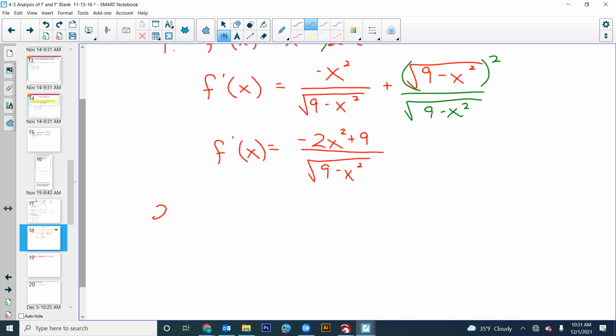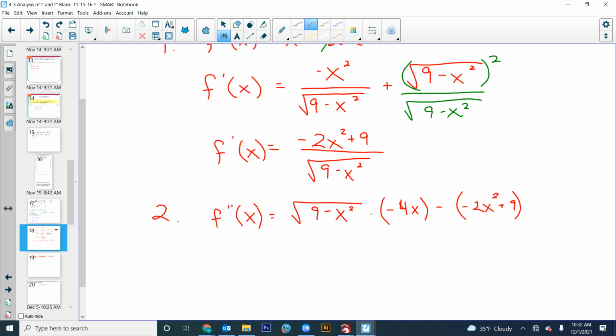Awesome. Step 2, we're doing a test for points of inflection, meaning we're doing the second derivative test, meaning we go straight to the second derivative in step 2. Low d high, minus high d low.